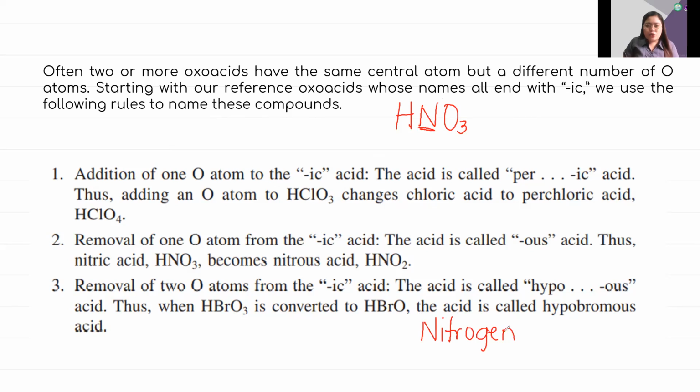But what are we going to do? We will get rid of the ending and replace it with IC. So this will become nitric acid. Again, it is nitric acid. That's how we name our oxoacids.